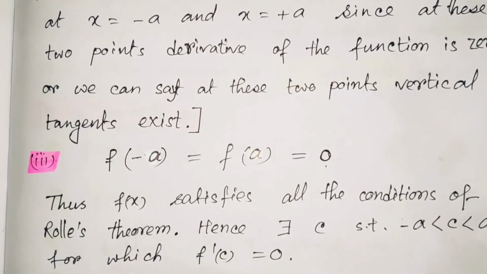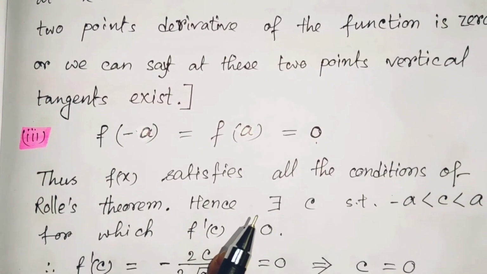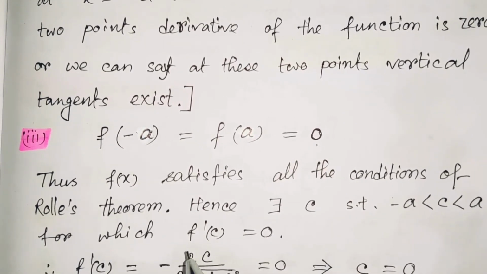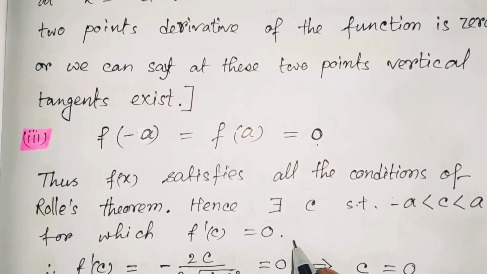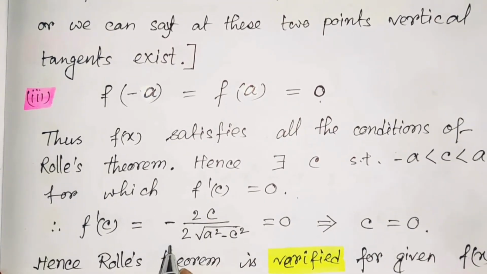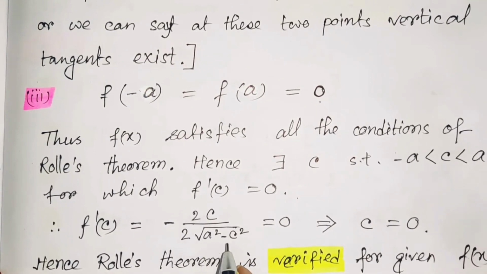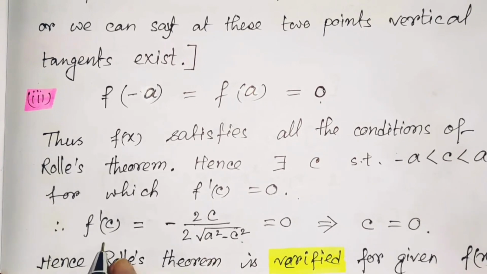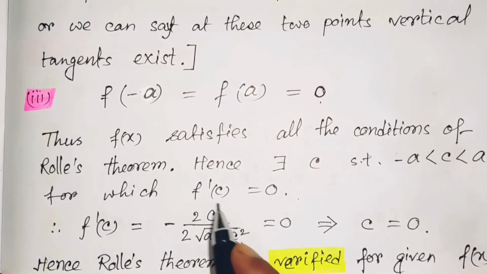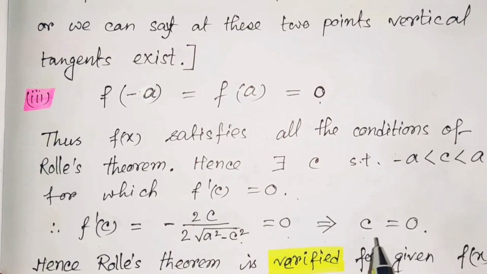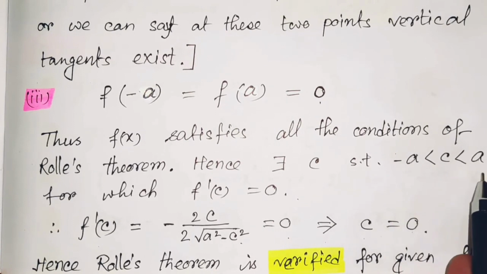Thus all three conditions of Rolle's theorem are verified, and hence there exists a point c for which f'(c) = 0. The derivative of the given function is −2x divided by 2√(a² − x²). If we substitute c instead of x and equate it to 0, it gives c = 0. So 0 definitely lies between −a and a.